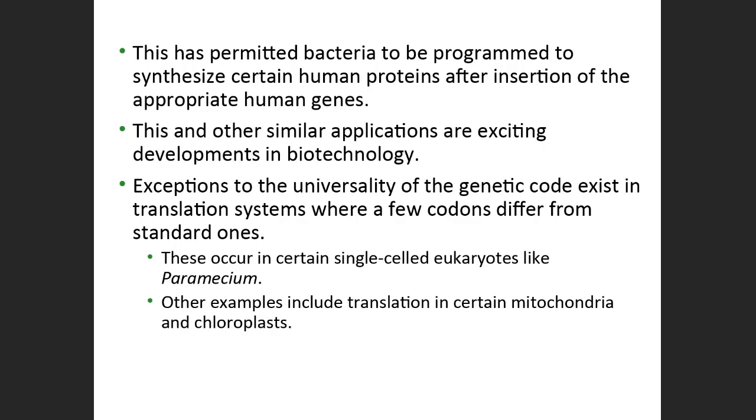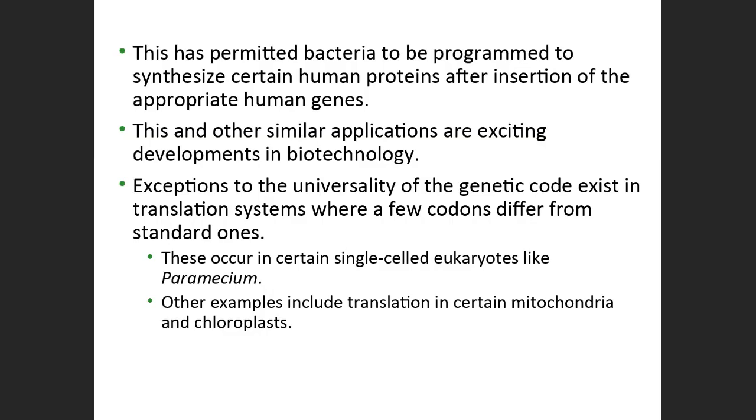So some exceptions to the code can be found in organisms like paramecia, which are eukaryotic protists. Certain mitochondria and chloroplasts also have some variations, because remember, mitochondria and chloroplasts have their own chromosome, and they have their own ribosomes, and they do some of their own translating. And so there are some differences there.